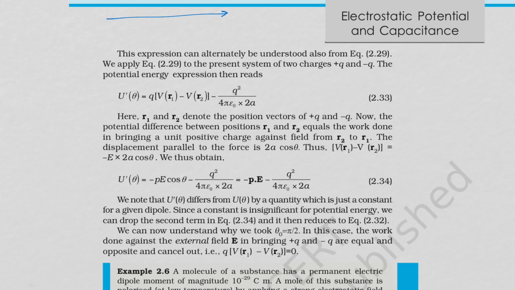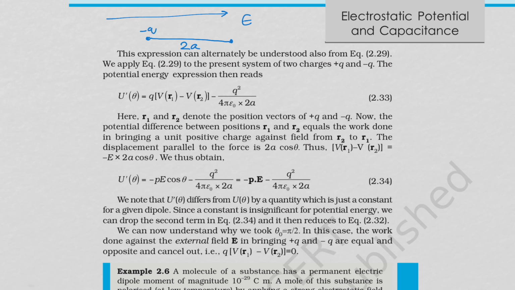So this external field is given as E, and there are two positions where we will bring the charges from infinity, and since this is a dipole, the distance between them is 2a. Both the charges are of equal magnitude, only the signs are different.